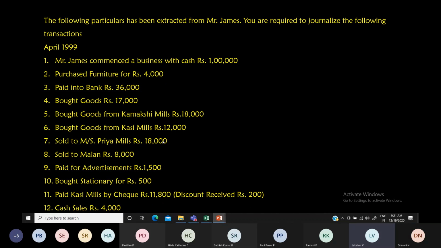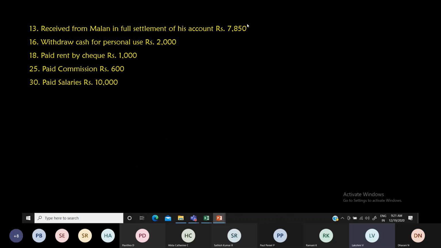What all transactions I had with him, right from the purchases we made, purchase returns if anything is there, sales, sales returns if anything is there, and finally how much I am paying and how much I am receiving from him. From that only we can calculate the discount received or discount allowed. So just think it over, and accordingly post the entry and find out the amount. You have to debit and credit those columns.